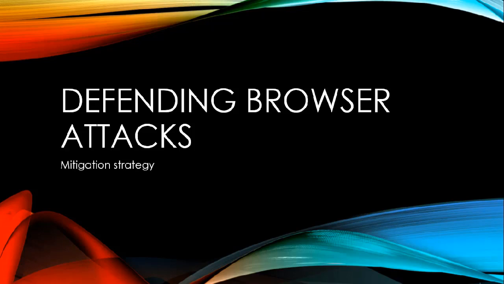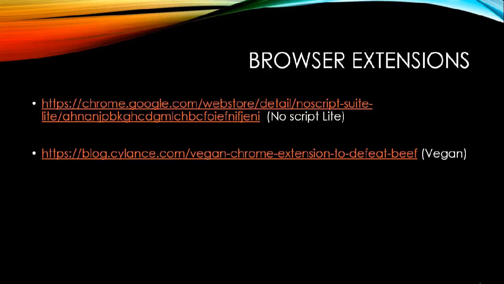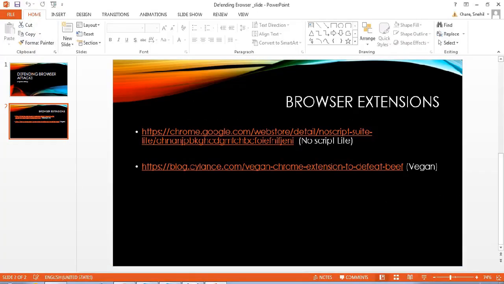Luckily, we have extensions in Chrome and Firefox which do the same for us in an automated fashion. These are the two browser extensions for Chrome, and the same are available for Firefox as well. Let's take a quick look at both of these extensions.